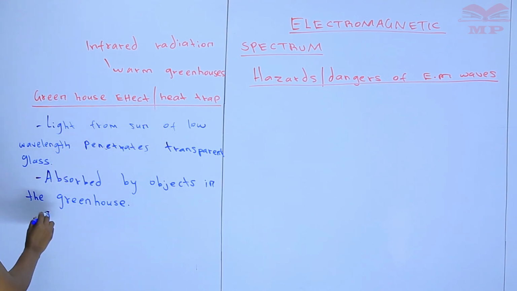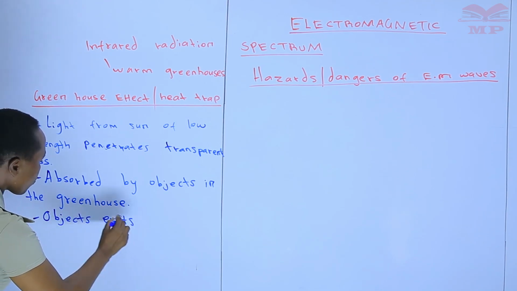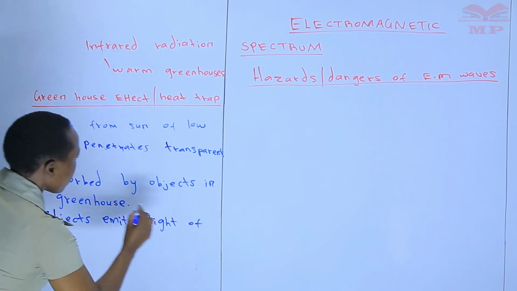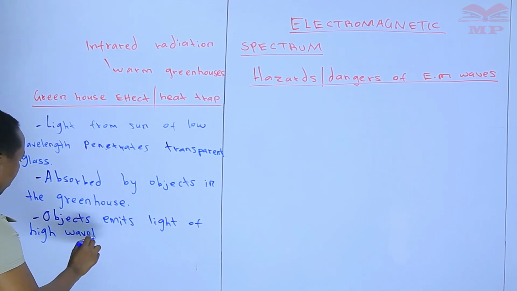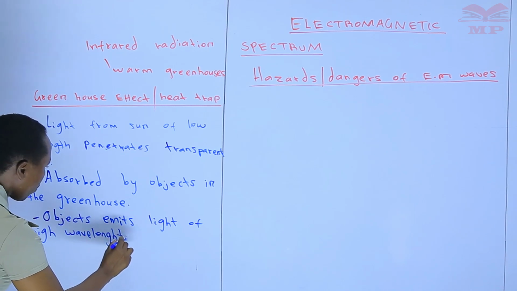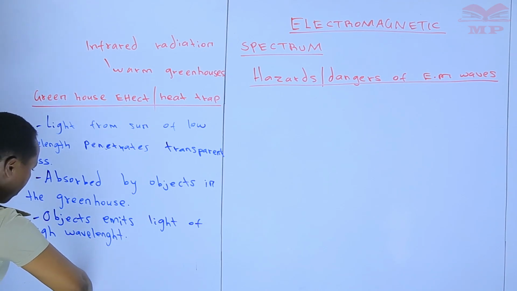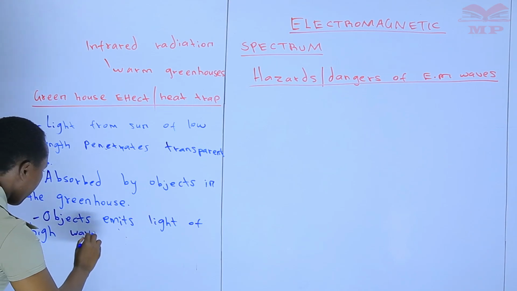So the objects will emit some light but of a higher wavelength. This is high wavelength.